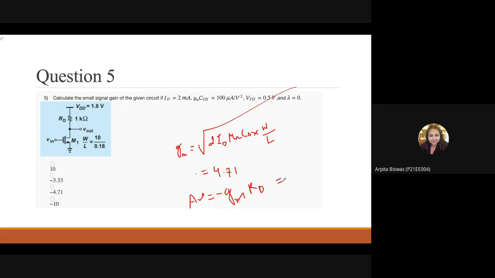The value is minus 4.71. And this GM is in milliamps per volt, and this RD is in kilo, so it cancels out. Minus 4.71. Option C is the right option.